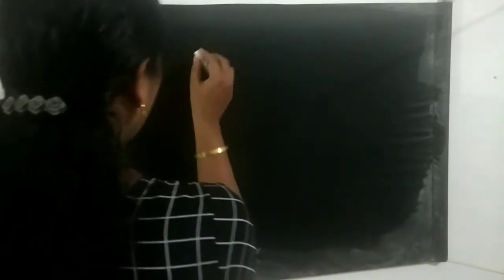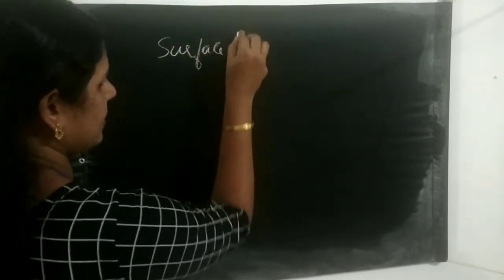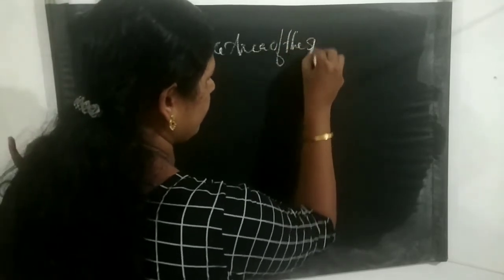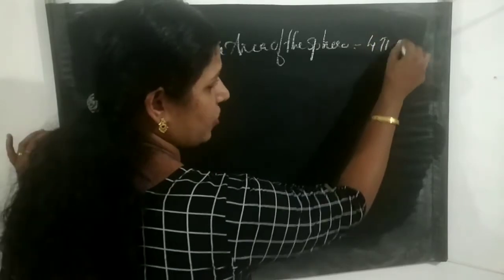Now the question number 6, find the radius of the sphere whose surface area is 154. So the surface area of the sphere is what? That is 4 pi r square.